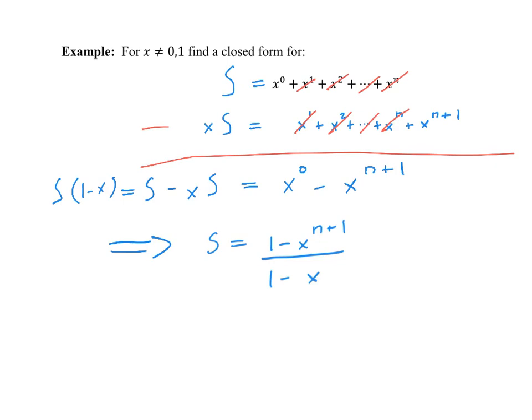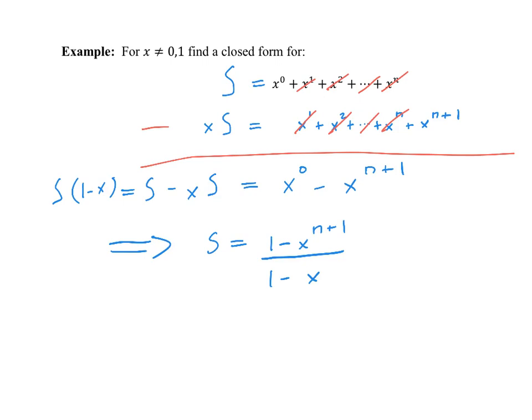Now sometimes people prefer to present this closed form by multiplying the top and bottom by negative 1. So that could be an option. Possibly people think maybe we're going to be plugging in a value like 2 or 5 here, and then rather than dealing with negative numbers, let's do x minus 1 instead of 1 minus x.